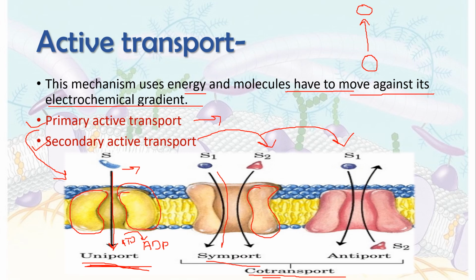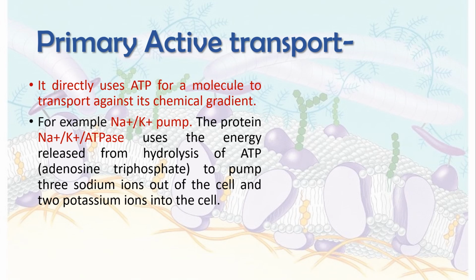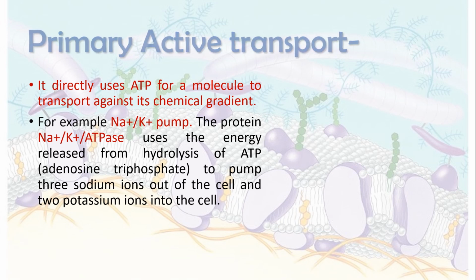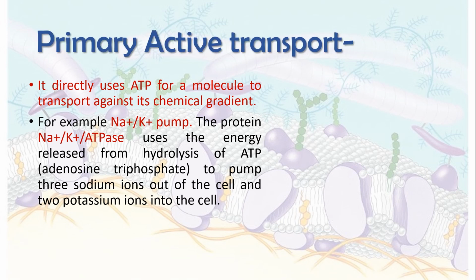Just like that, if two molecules move in opposite directions, that is, one inside the cell and one outside the cell, then this type of transport is known as Antiport, and the protein involved in such transportation is known as antiporter protein. So let's discuss primary active transport in some more detail.